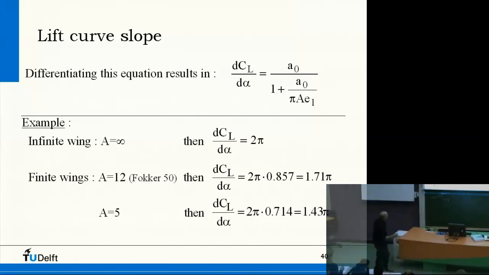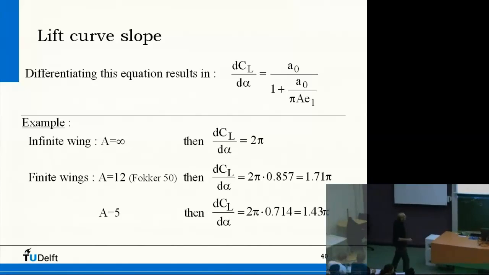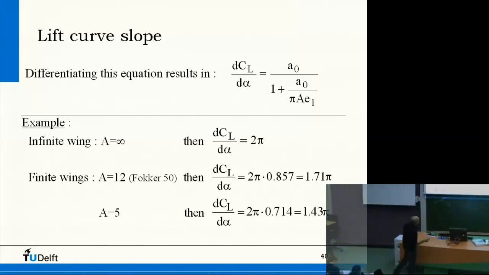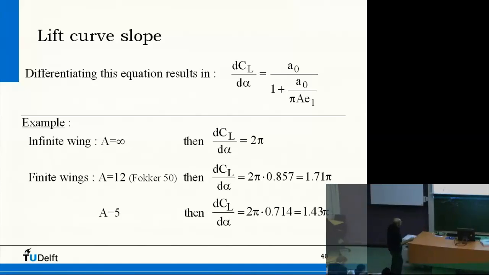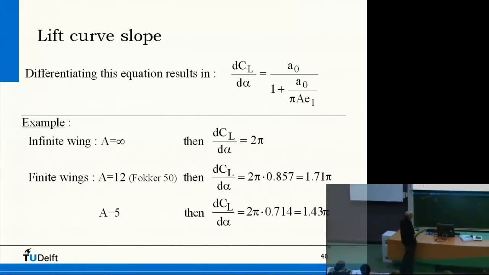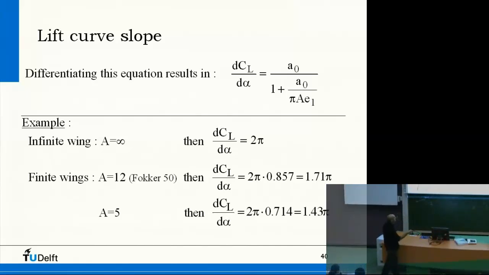So if we have an infinite wing, then of course it is 2 pi, because then a0 is 2 pi. Infinite wing, so this is 0, right? So it is a0 divided by 1, and a0 is 2 pi, so then dCL/dalpha is 2 pi. So that's the airfoil, thin airfoil.